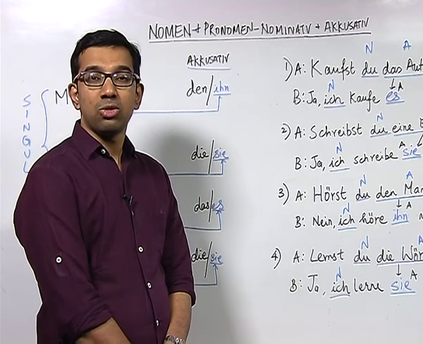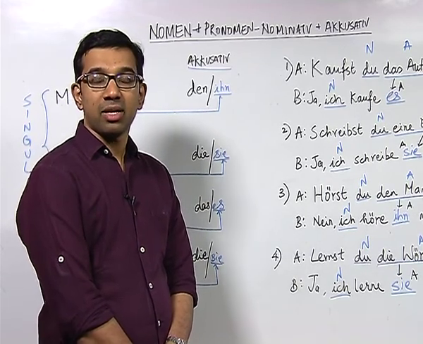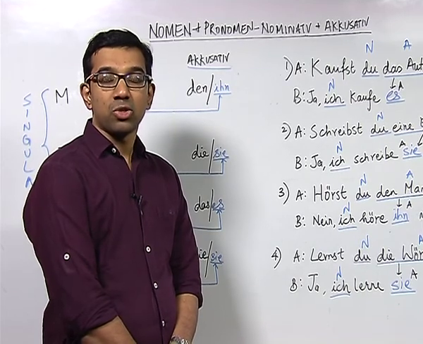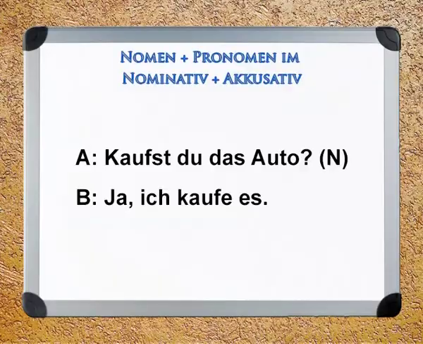Now let us do some examples where we learn the change of noun and pronoun from nominative to accusative. Please look at this sentence. Kaufst du das Auto? You are already familiar with the structure. The answer for this is ja, ich kaufe es. Now please look at this sentence.